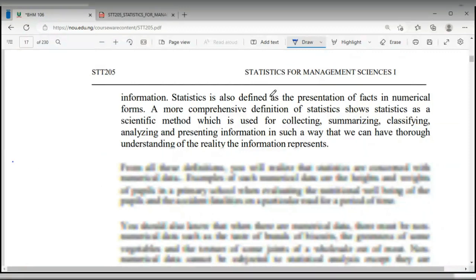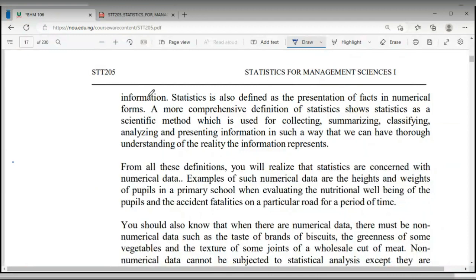Now, statistics is also defined, that's another way to define it, as the presentation of facts in numerical forms. Numerical form is not always about presenting numerical information in such a way that people can understand.